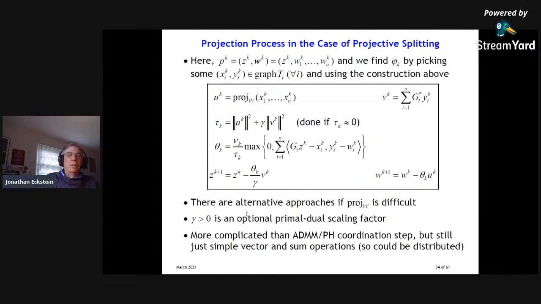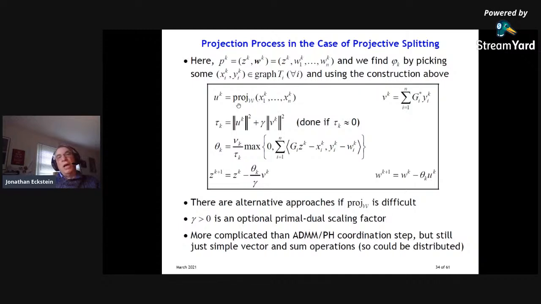So in the context of this particular hyperplane and set I'm talking about, what you can do is pick some xik, yik in the graph of each of these Ti's and use the above construction.